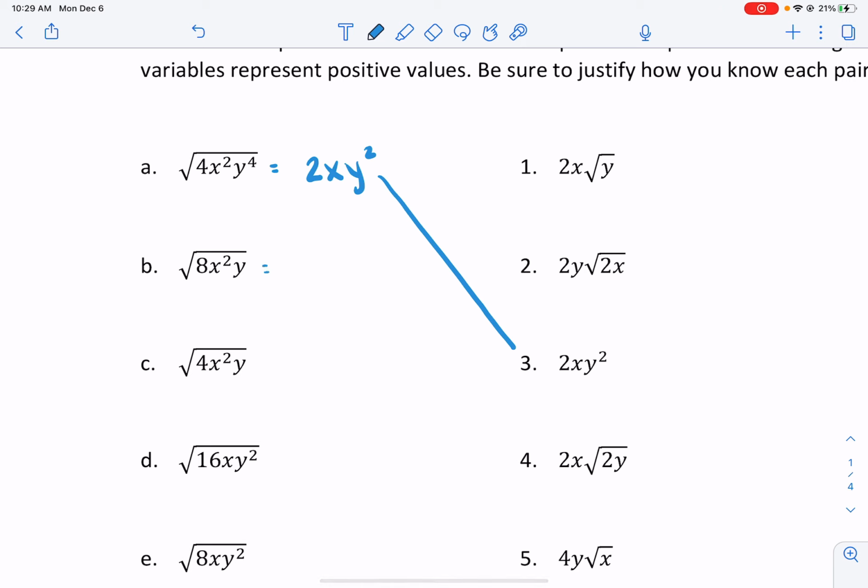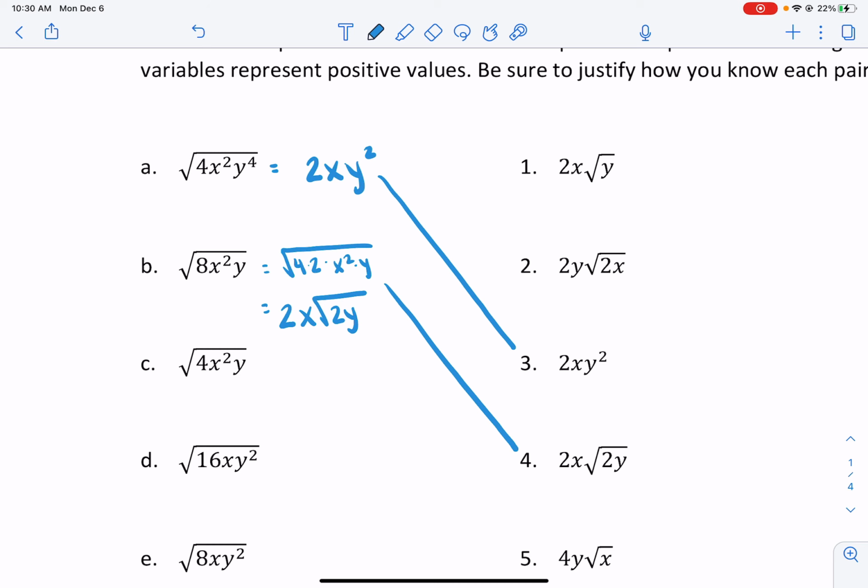Okay. Here, this becomes 4 times 2 times x squared times y. So we can take the square root of that 4, so that would be 2, and we'll leave the x out here. And then we are just left with 2y, so that one goes with number 4.